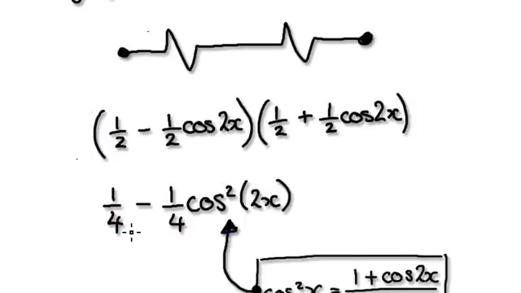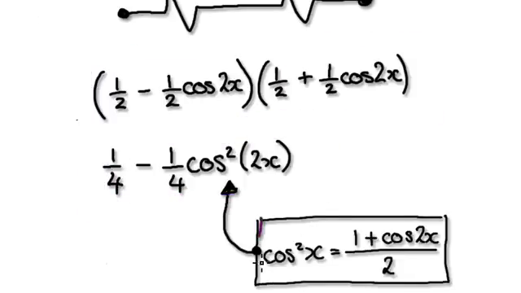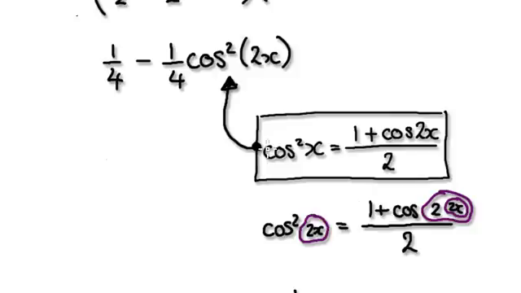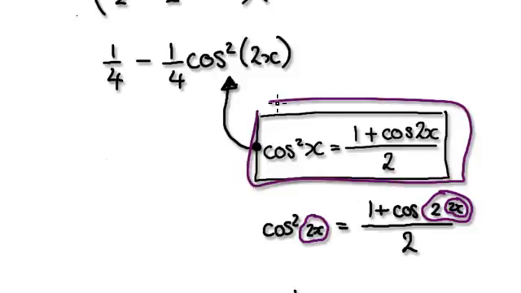Now, using one of the identities that I asked you to memorize, if you look at this here, we have a way of breaking up cos squared of x. So now we have a way of breaking this up. Don't forget this is x here.